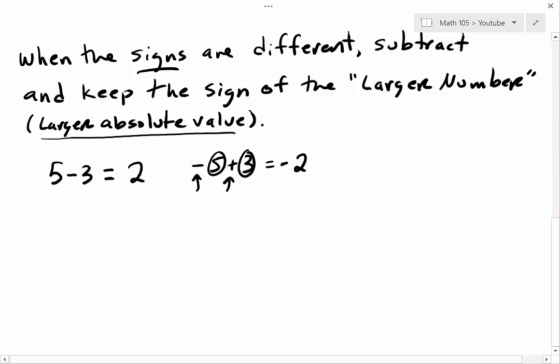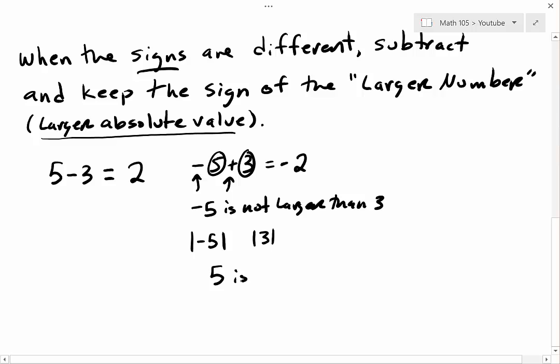Now here's a side note. Yes, negative 5 is not larger than 3. But if we take the absolute value of negative 5 and the absolute value of 3, we'll see that 5 is larger than 3.